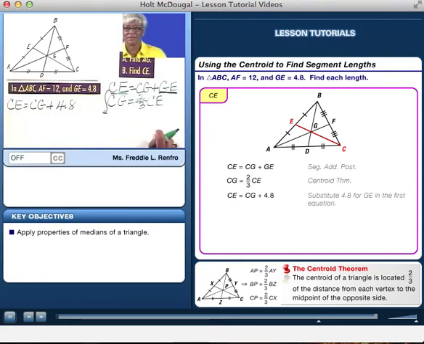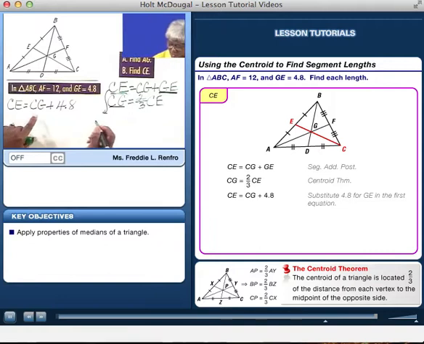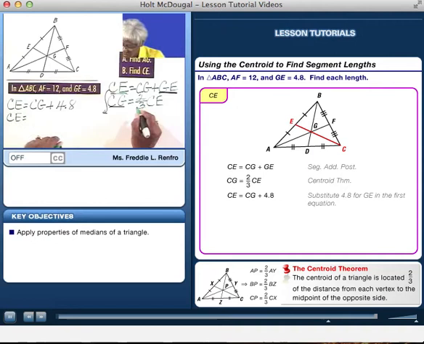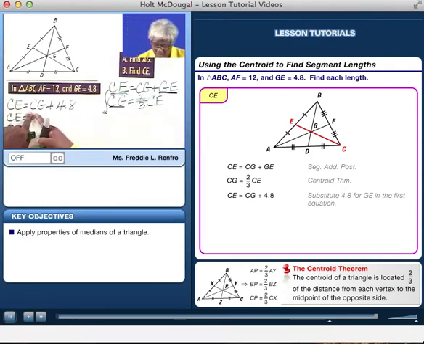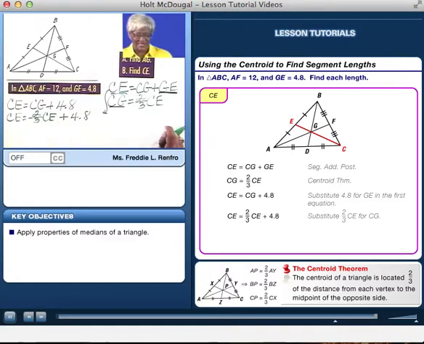I also see something else. What's CG equal to? This right here. And I have that in my equation. That's equal to 2/3 CE. So I'm going to write CE is equal to, substituting 2/3 CE for CG, plus 4 8/10. Well, let's look at this. I have CE equals 2/3 CE plus 4 8/10.